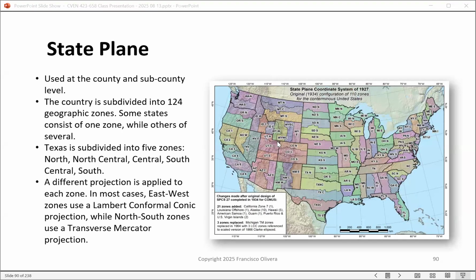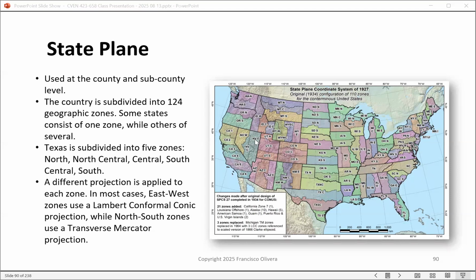Another projection is called state plane. State plane means official projection. Let's say each state is going to have a different projection. But there are states that are so big that they needed more than one zone.